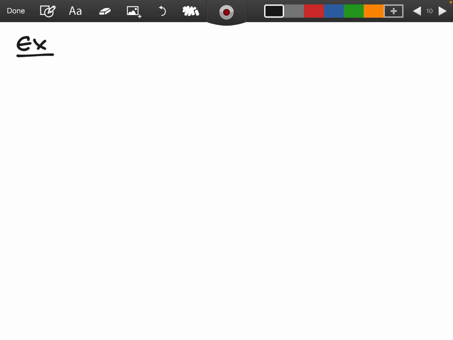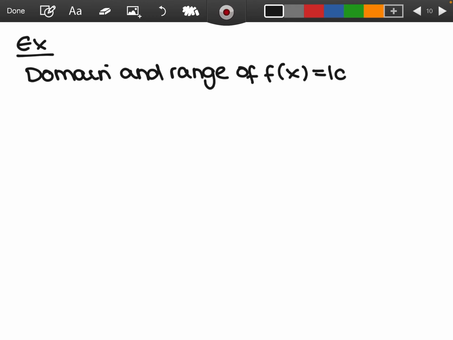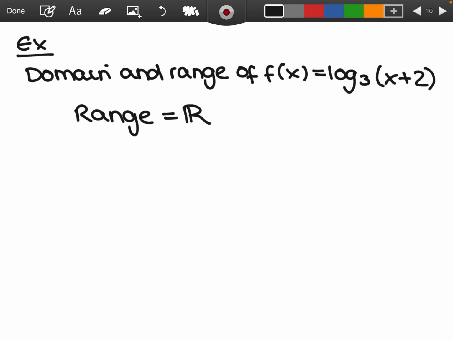Let's do one more quick example of the domain and range. So let's say I'm looking at the domain and range of f of x is equal to log base 3 of x plus 2. Okay.